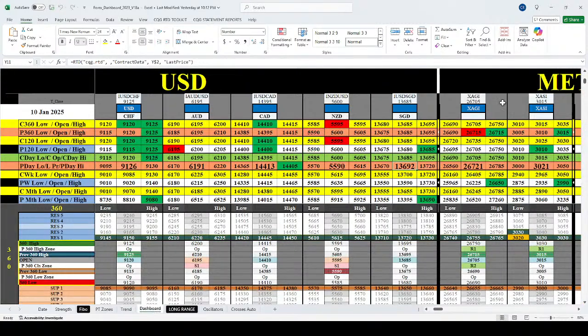Now we come into the dashboard, and remember I told you about the strength we are looking at.